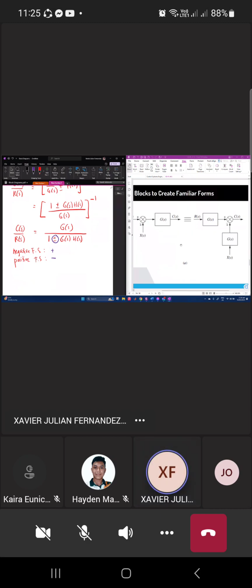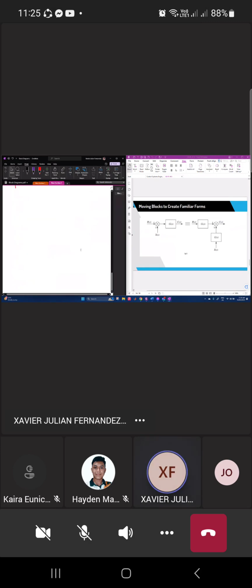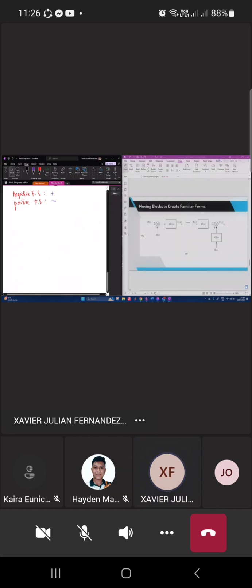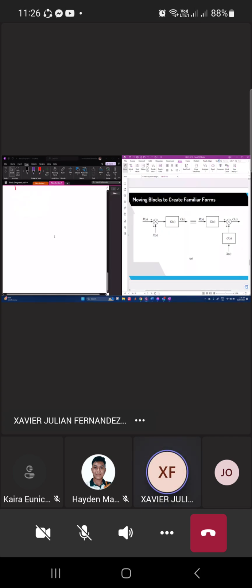Okay, so let's continue. There are also other times when you have systems wherein you have to move blocks, so that you can synthesize the block diagram. Because there are times that a block diagram cannot be simply synthesized if you just leave the original system as it is.